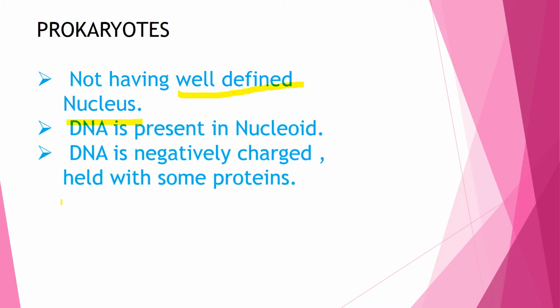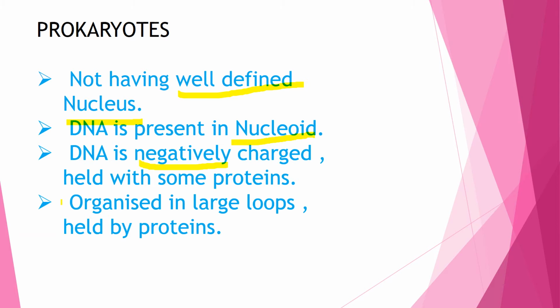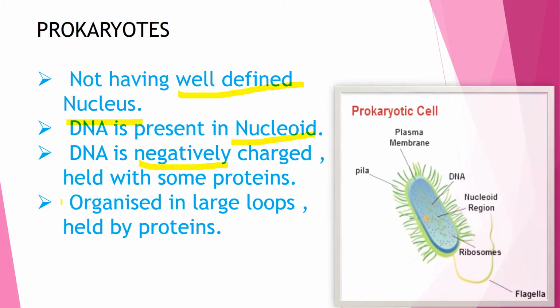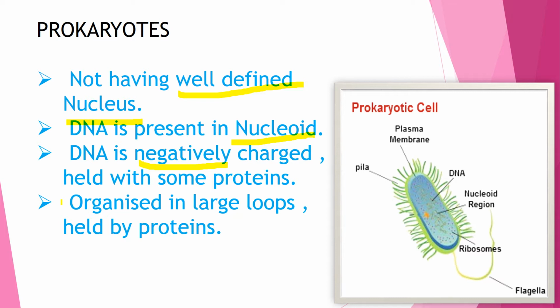Now DNA is present in a special place which is known as the nucleoid in the case of prokaryotes, and DNA is negatively charged, held together by some proteins, and it is organized in large loops surrounded by certain proteins, right? You can have the picture of a bacteria.